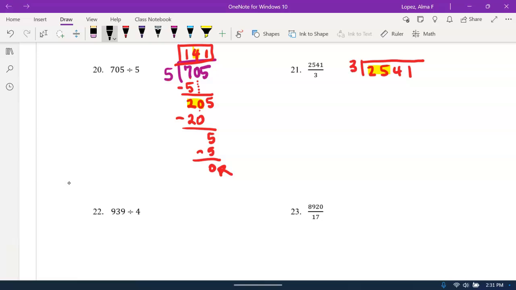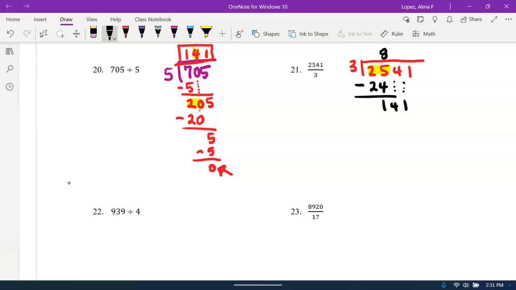Well, 3 times 7 is 21. Let's see if the 8 will work. 3 times 8 is 24. Yes, so 8's still in the running. How about 9? 3 times 9 is 27. That's too big, so we're going to go ahead and go with 8. And then we distribute. 8 times 3 is 24. Subtract. When I subtract, I'm going to bring down the 1, and then I'm going to bring down the whole rest of the number.